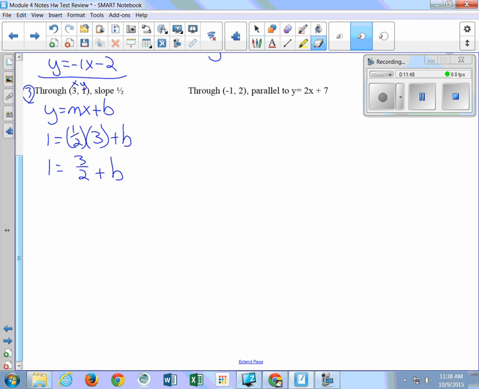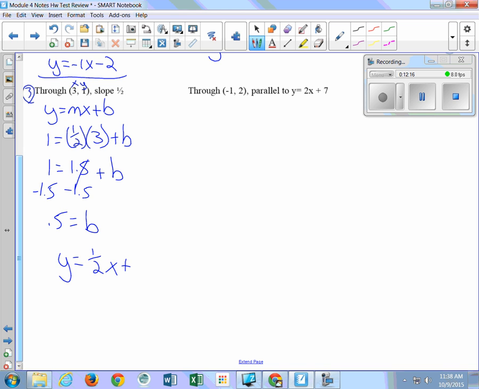Or you can say this is 1 and 1/2, 1.5. Now we're going to subtract 1.5 from both sides. Cancels. This is -0.5 equals b. So rewrite y equals, my slope is 1/2 times x plus my b is -0.5. I'm going to put it back into fraction form.